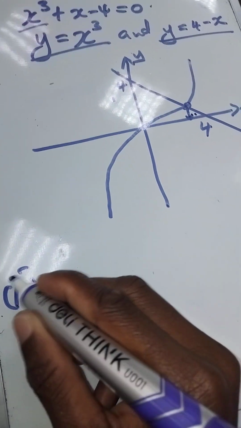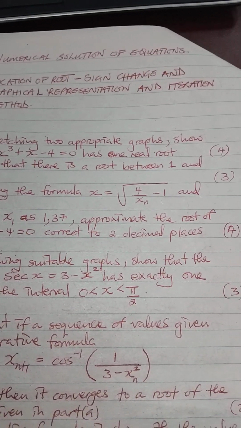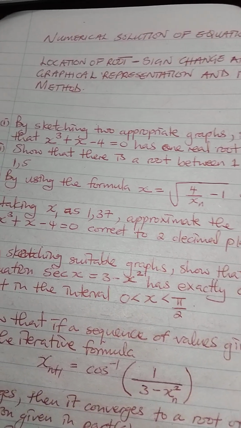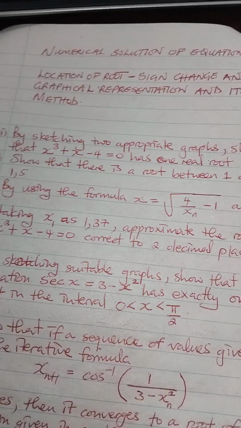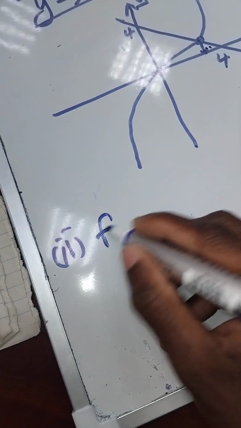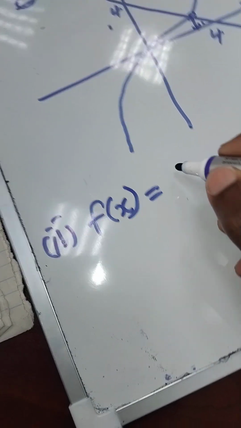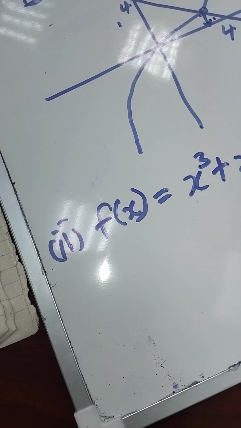Then item 2: show that there is a root between 1 and 1,5. We want to show that 1 and 1,5 lie on either side of the root on the curve. So we define a function f(x) = x cubed plus x minus 4.